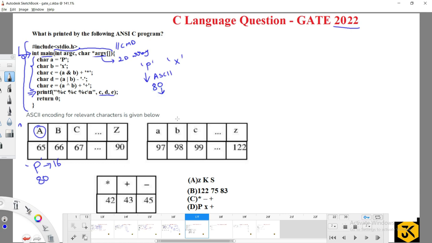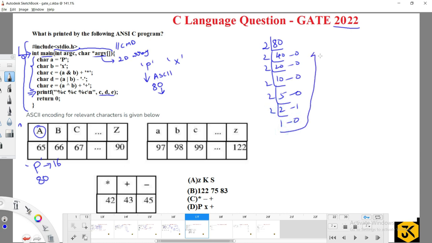So you have to write the binary value for 80. Divide by 2 repeatedly, noting the remainders, and you have to write from bottom to top.